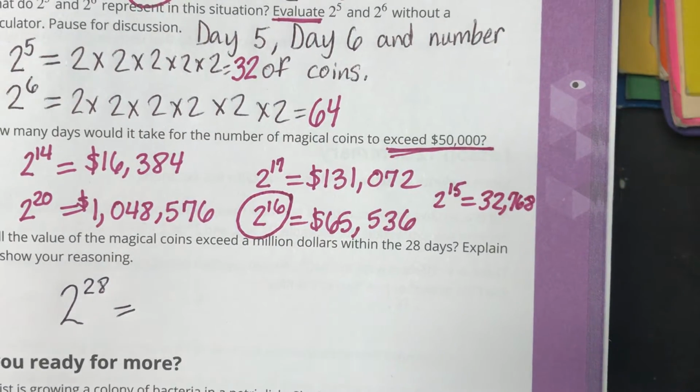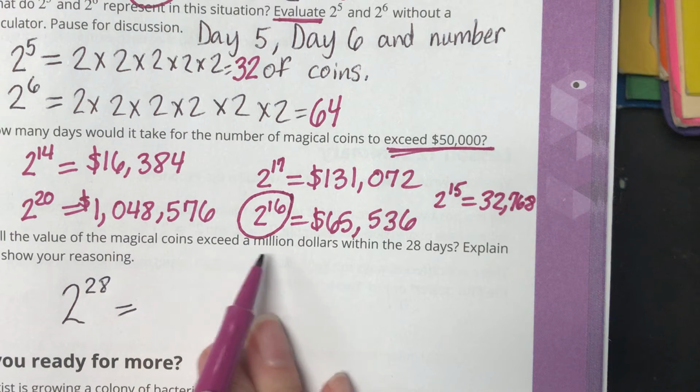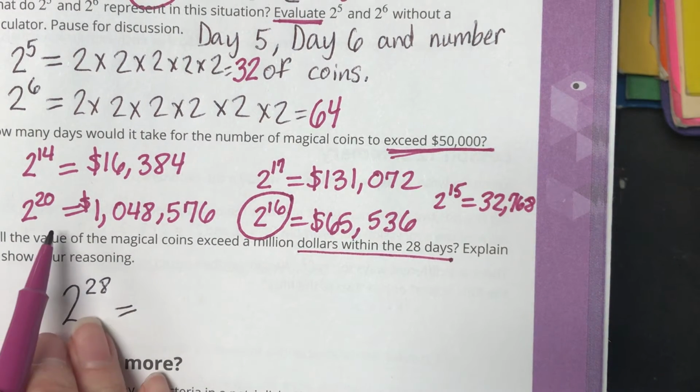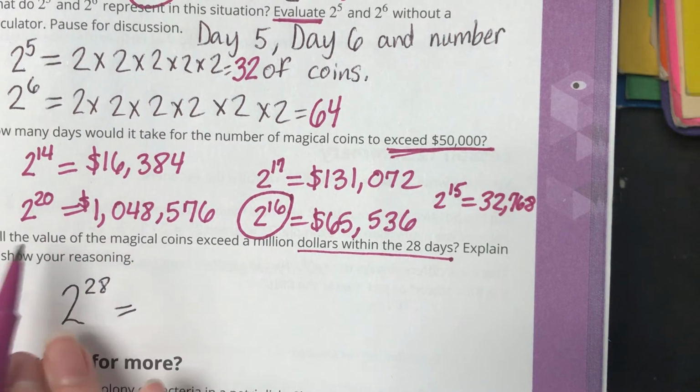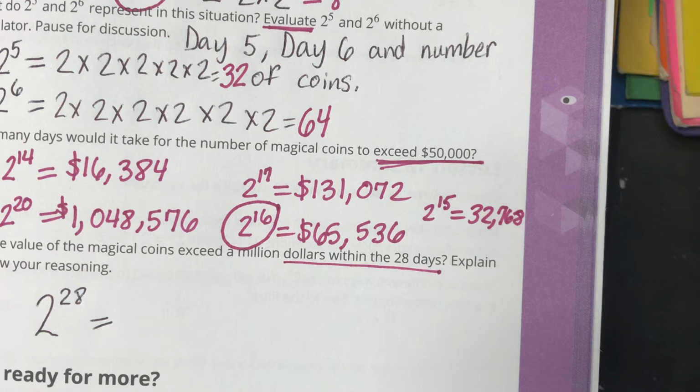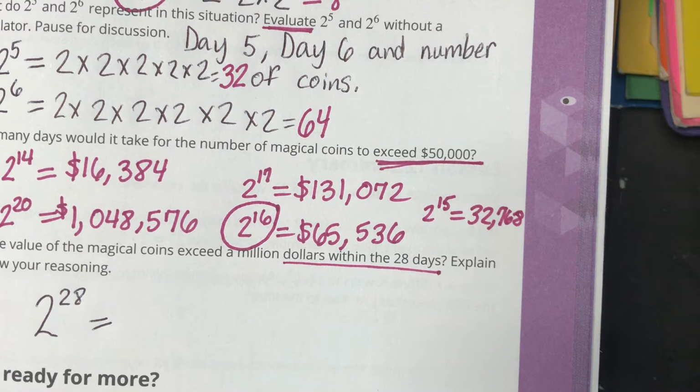Okay. Will the value of the magical coin exceed $1 million within the 28 days? All right, well, we know at the 20th day it was already over $1 million, so it's definitely going to be exceeding it. So let's see what we get for 2 to the 28th power.